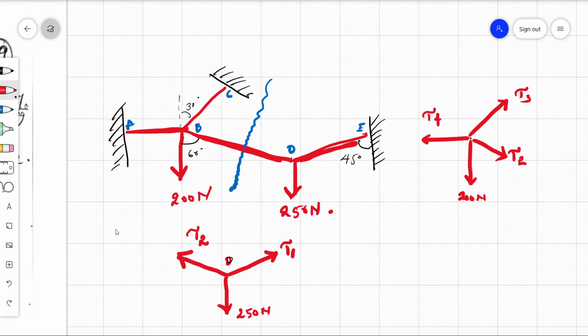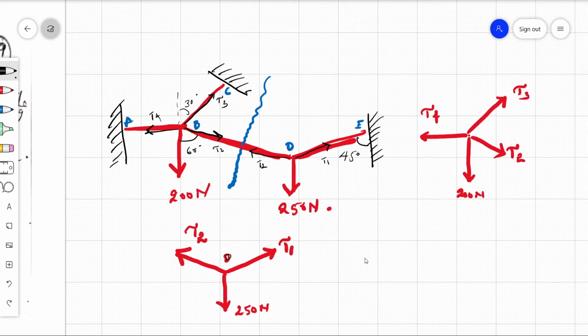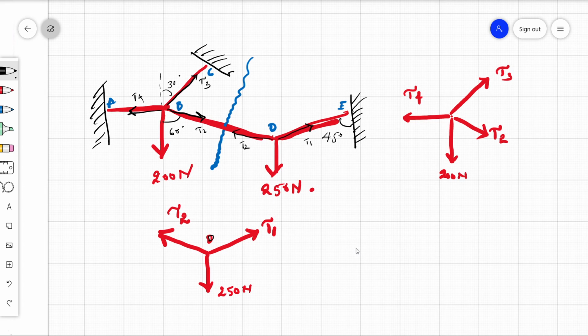So the tension in this cable I call T1, in this cable T2, in this cable again T2, over here it is T3, and over here it is T4. So we are finding the tension in the cables. Our aim is to find the T1, T2, T3 and T4 values. That's it, these are the four things we need to find.